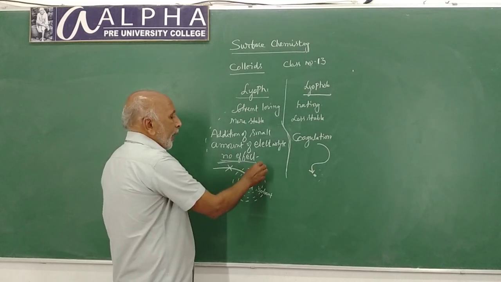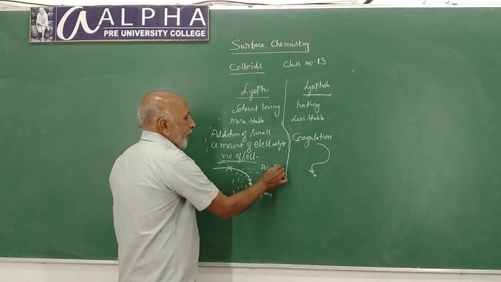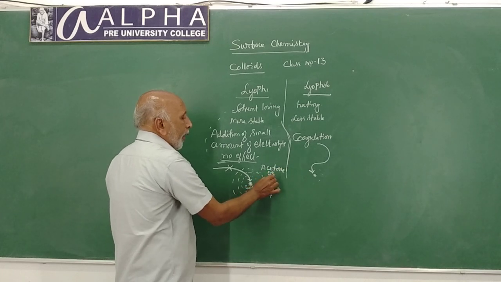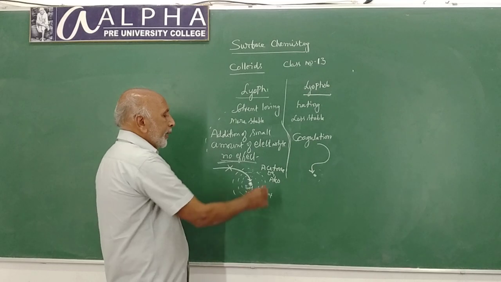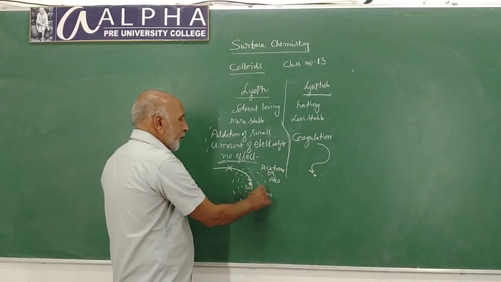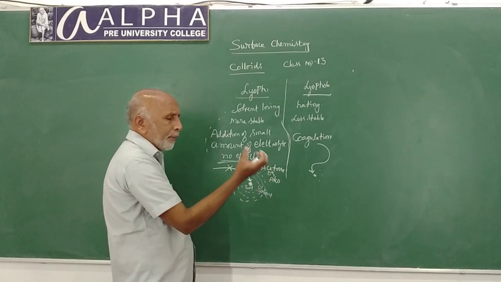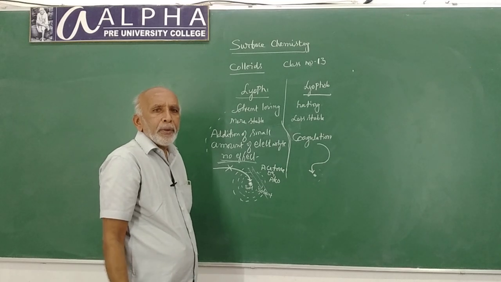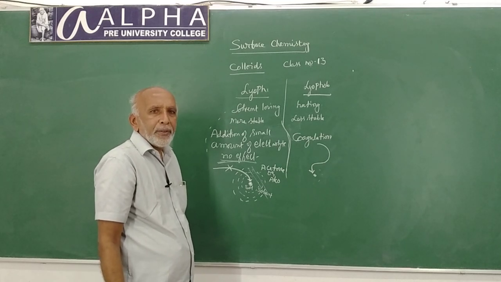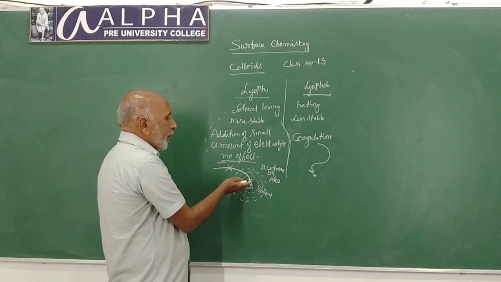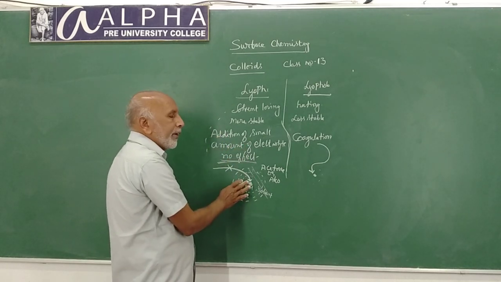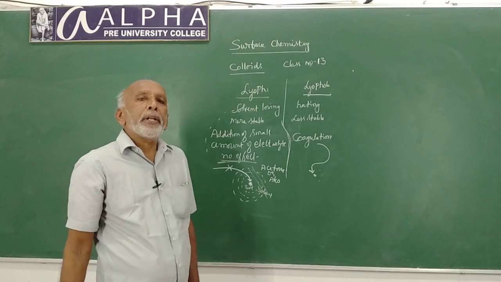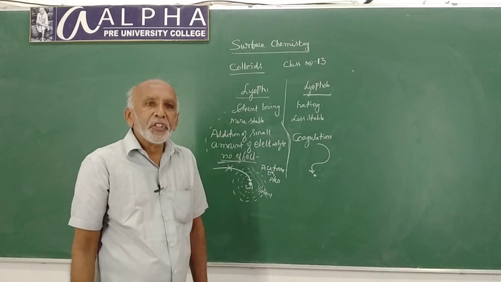If you add acetone or alcohol, acetone or alcohol removes the water. That means acetone or alcohol absorbs water present around the salt particles. Okay, then the salt particle is exposed. On addition of a little amount of electrolyte, the salt particles also undergo coagulation.